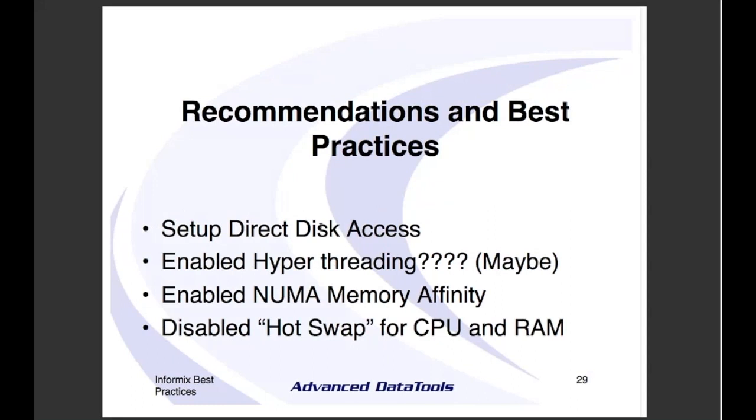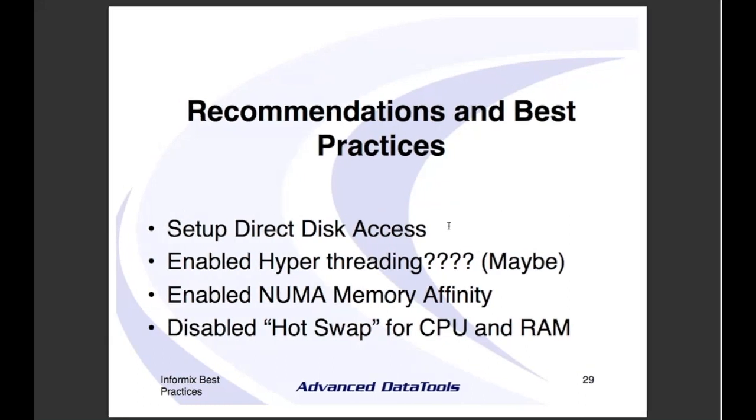If you're not using the VM, but you have your own SAN or something like that, you want to have direct disk access. You want to think about enabling or disabling hyperthreading. I haven't done enough benchmarking to be definite on this, but it's really interesting. The monster database talks on SQL Server and Oracle seem to indicate disabling it is perhaps better.